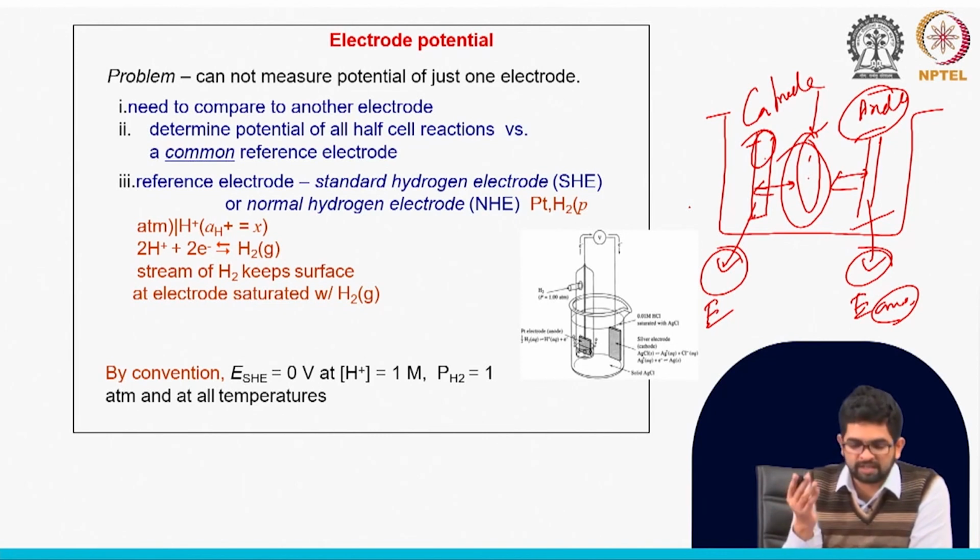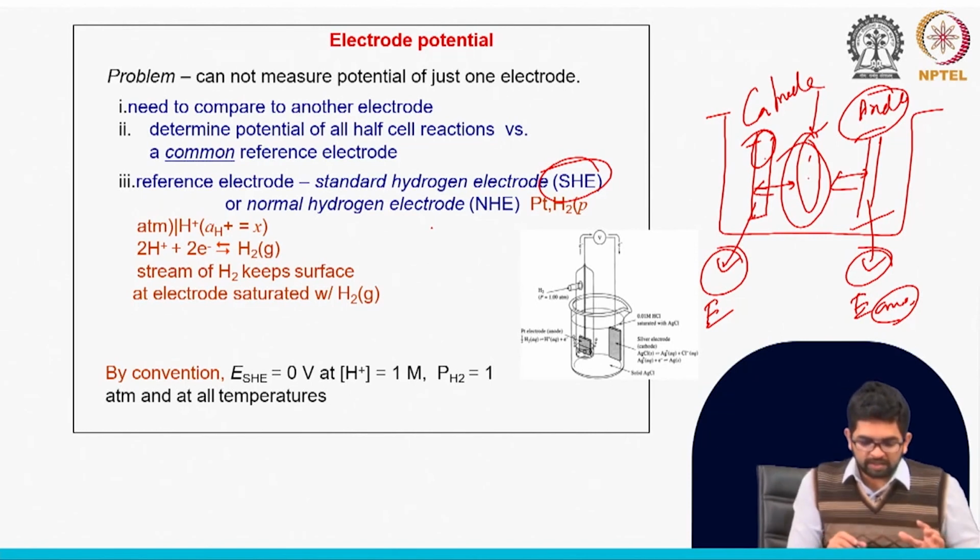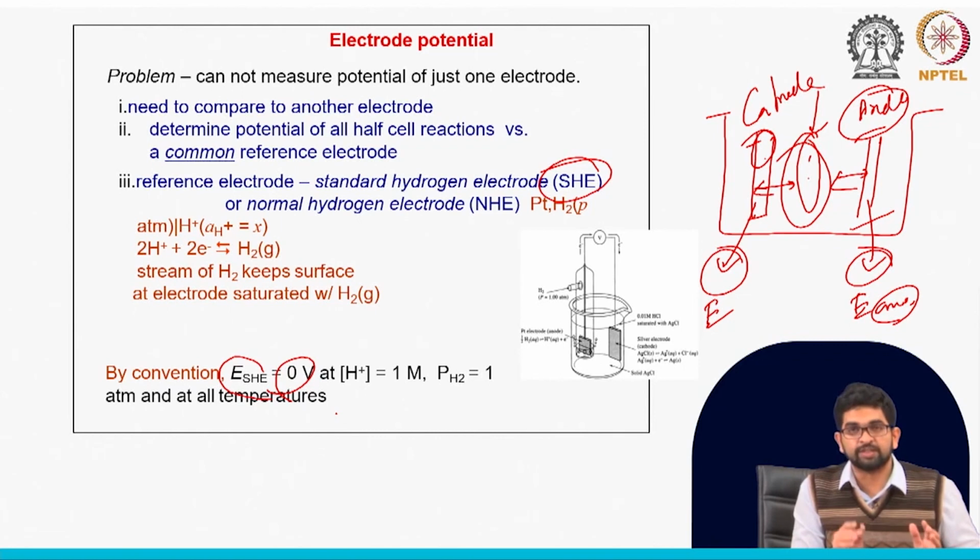Generally, we consider silver chloride or the standard hydrogen electrode, SHE, as the reference electrode, or the calomel electrode, that is mercury based. Generally, for the standard hydrogen electrode, we consider their potential to be 0.